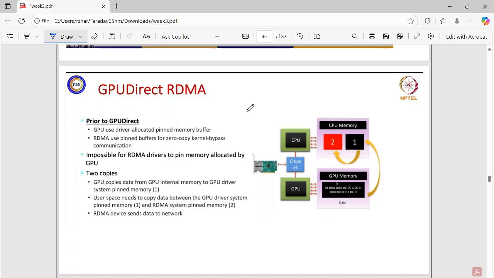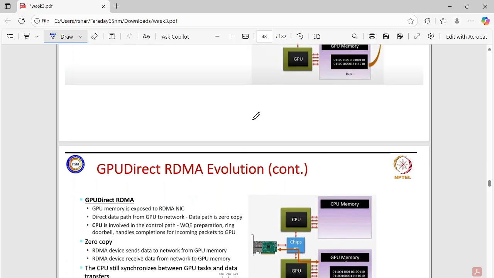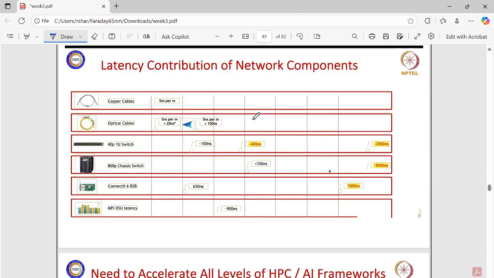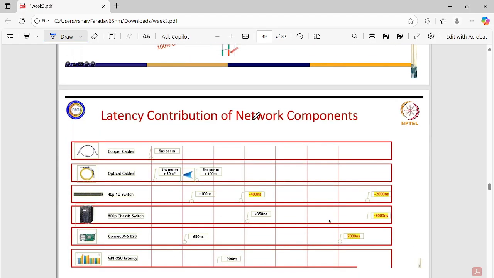So GPU Direct RDMA. Next is the latency.